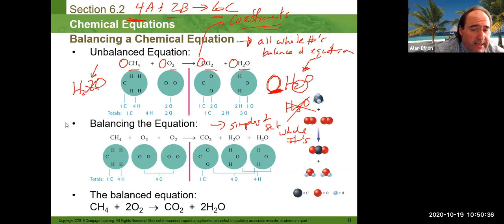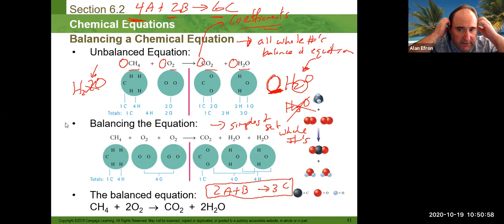So if you balance it using these numbers like 4, 2, and 6, this technically would not be the properly balanced equation because you can reduce all those down. The properly balanced equation in that example would be 2A plus B gives you 3C. Again, all whole numbers, the simplest set of whole numbers for each of those.